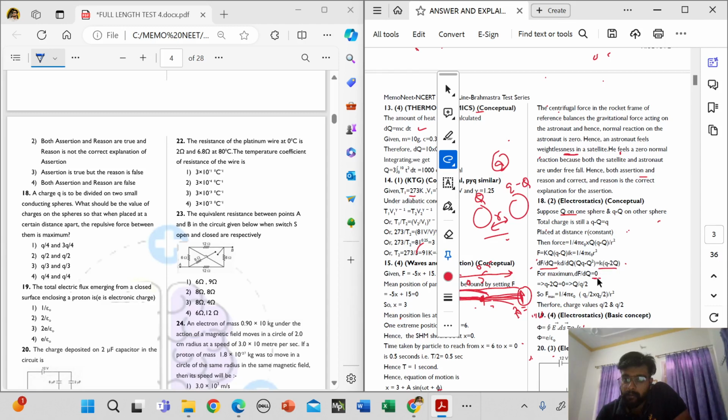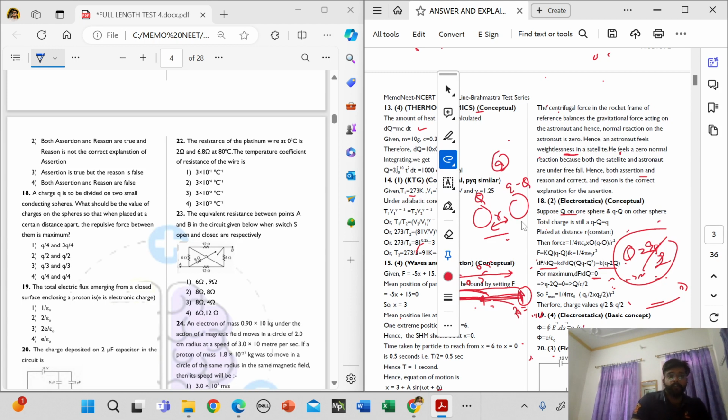For the maximum condition, we put it as 0. So we get Q minus 2q is equal to 0, Q is equal to 2q, and q is equal to Q by 2. So option number 2 is correct. Q by 2.